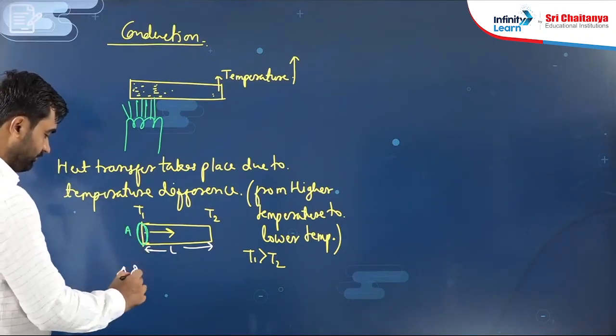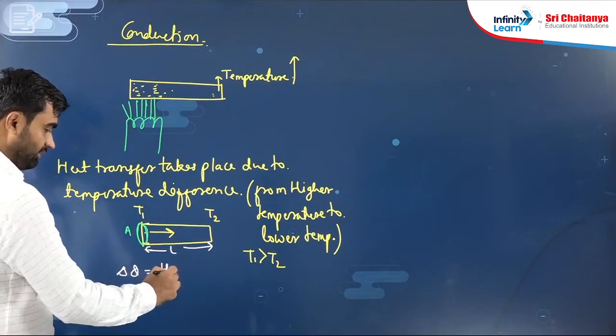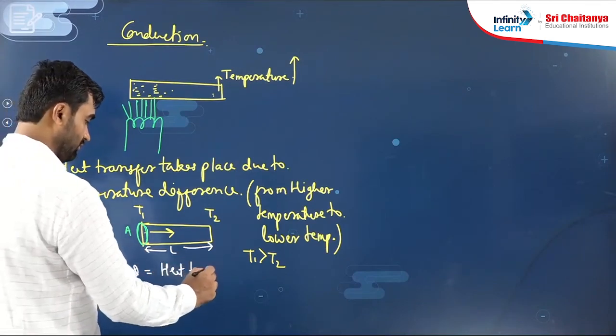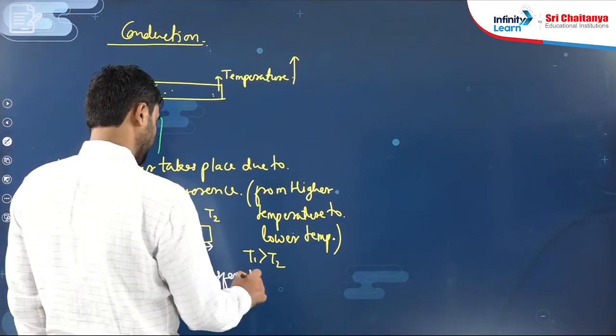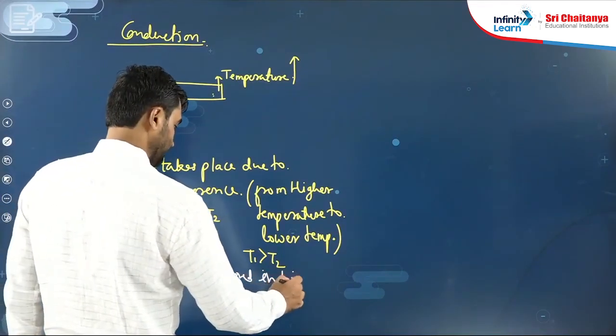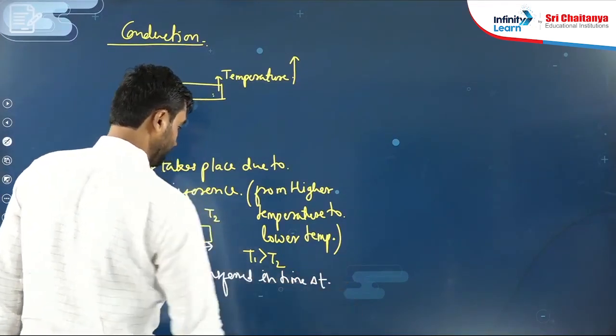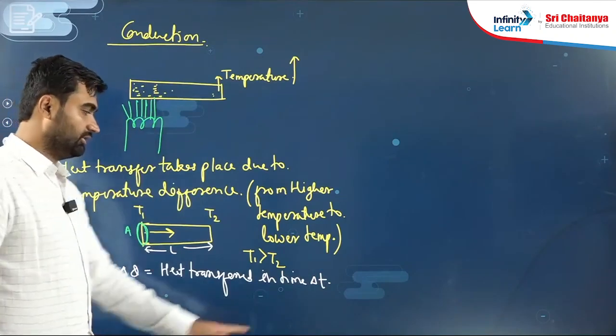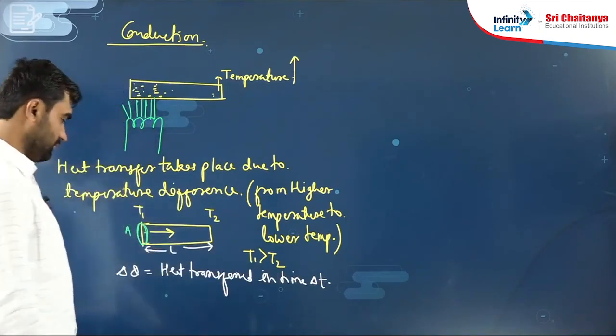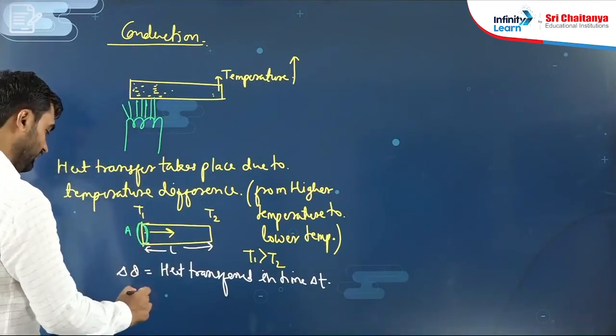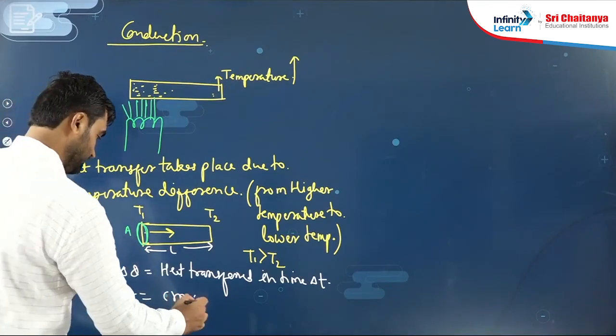Delta Q. This is what? Heat transferred in time delta t. Okay, how much heat? Delta Q. How much time? Delta t. Okay. A is cross section area.